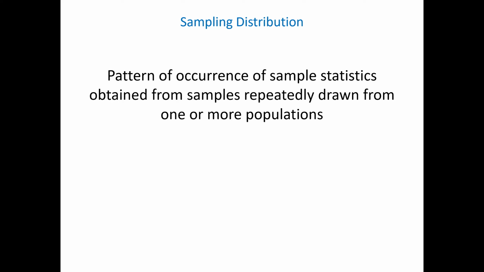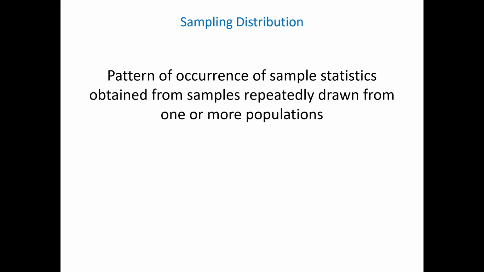Here, statistics is plural. It's not talking of the subject. It's talking of the summary of the sample. Because this is the plural form, sample statistics, when you have many statistics that you calculate, that's why we put the S here. So the pattern of occurrence of sample statistics obtained from samples repeatedly drawn. What they are not telling you is that you take a sample, you calculate and summarize. You take the sample many a time, you summarize the same thing. You know you are going to have different values. So what is the pattern of occurrence of it? That is sampling distribution.